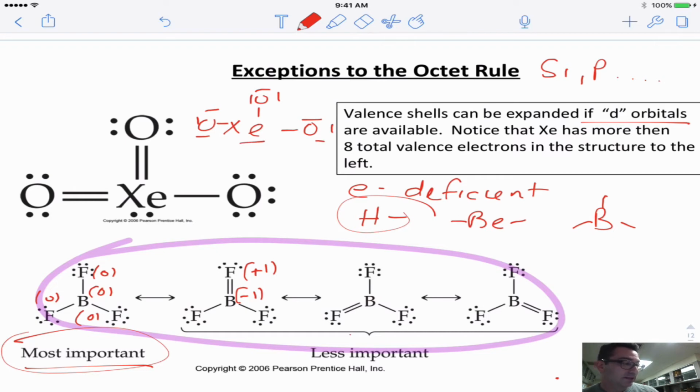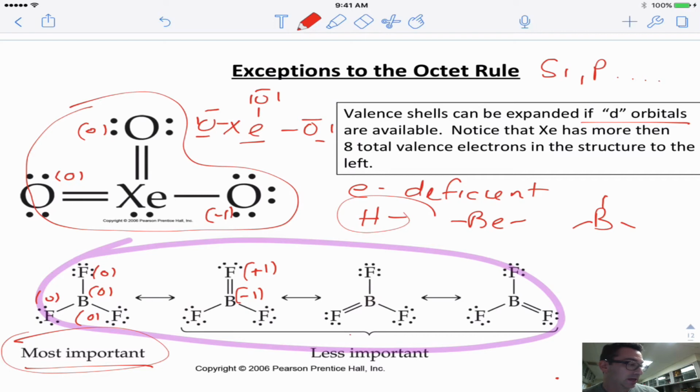But when we compare it to this structure here, and you assign the formal charges, you'll see oxygen 0, 0, -1, and xenon is +1. When we assign the formal charges here, we have -1 for each oxygen, and then xenon being +3.